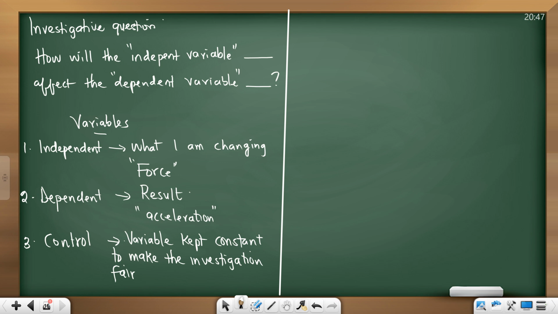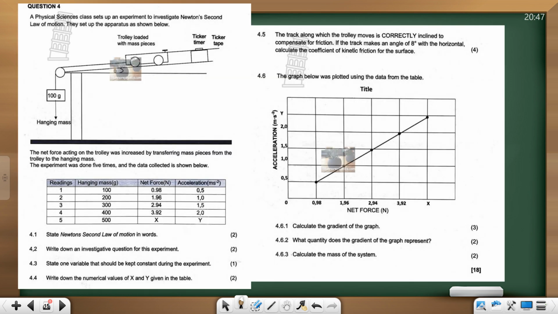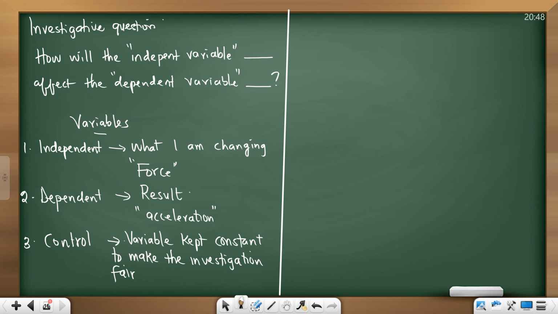So the question is, what are we keeping as a constant in this whole experiment? If you go back and read the whole thing, do you notice we are moving the mass pieces? The net force on the trolley was increased by transferring mass pieces from the trolley to the hanging mass piece. So what are we keeping constant? Keeping the total mass in the system constant. Absolutely, the total, because we are just transferring.